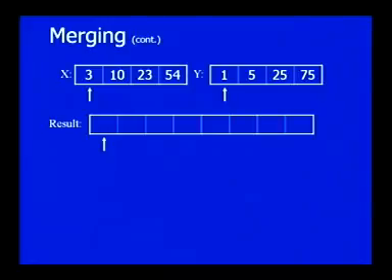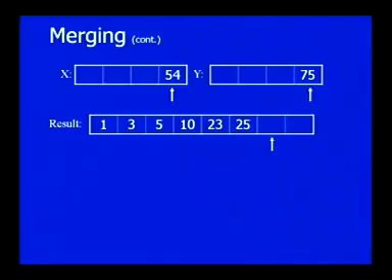So, let me illustrate this by means of this particular example, again the merging process. 5 and 3. You can see 23 and 25, 23, 54 and 25, 54 and 75.